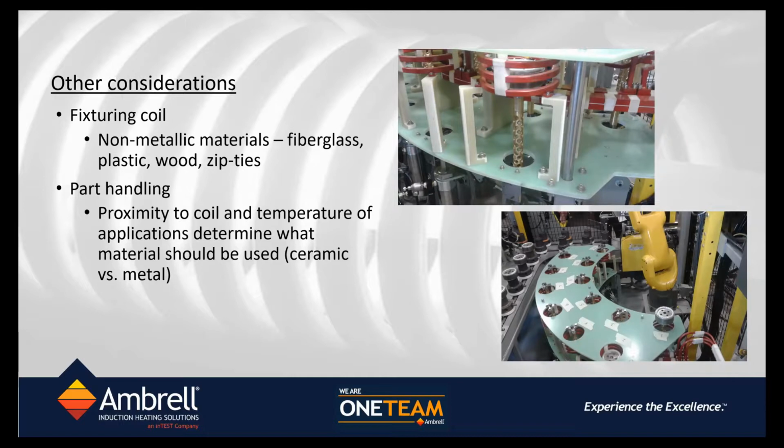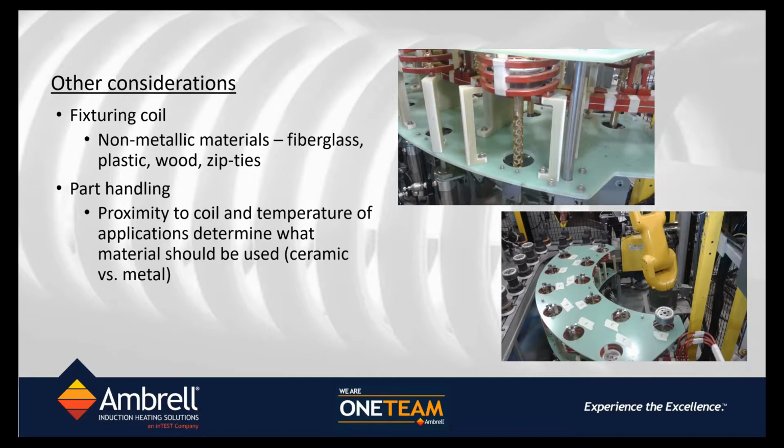This is obviously an example of a multiple position induction heating coil, and all 12 locations are being fed by one induction power supply. So the parts come in and out depending on the heating time that is pre-selected. There's a robot that actually picks the parts out once they're heated. So it's a pretty elaborate setup.